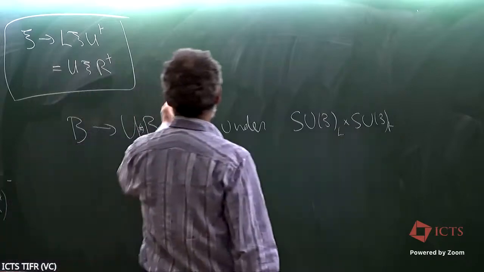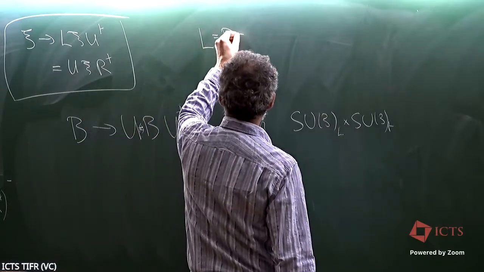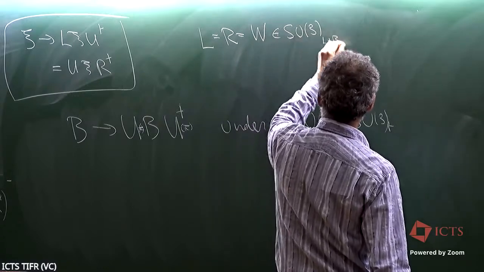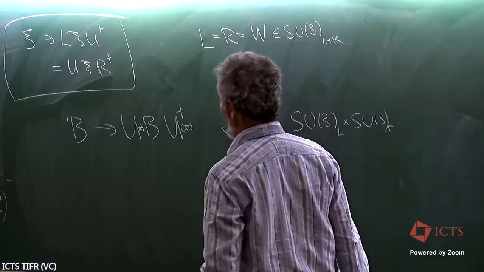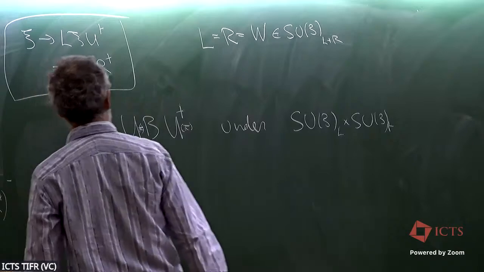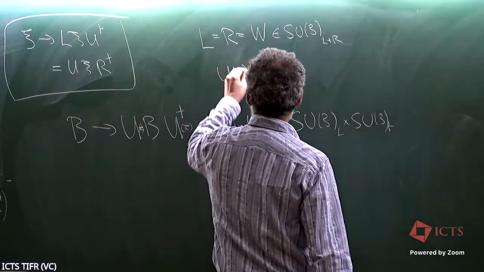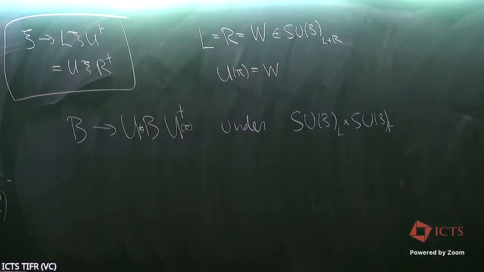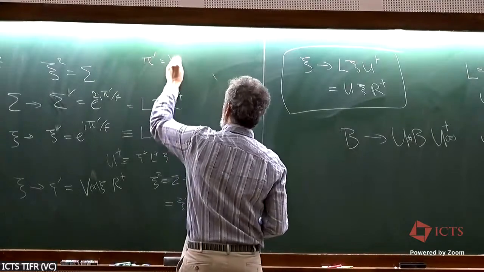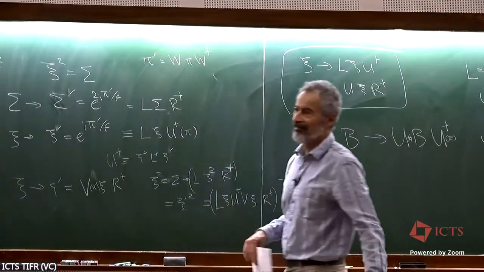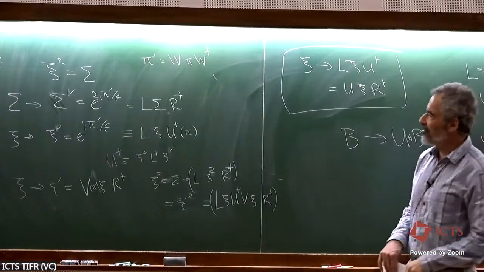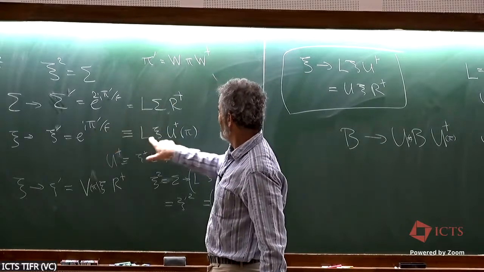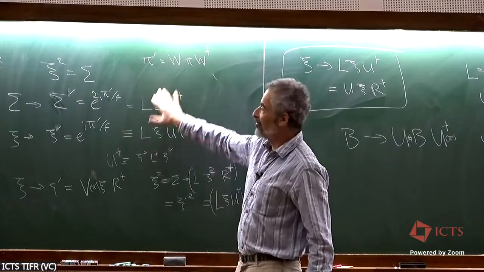Notice that if I take L equals R equals W, which is in SU3 vector, left plus right, then you can easily check that U of pi actually equals W. Because we know how the pi's transform, because pi prime equals W pi W dagger. And so you can immediately see that with L equals W, U dagger has to be W dagger for this to be true.